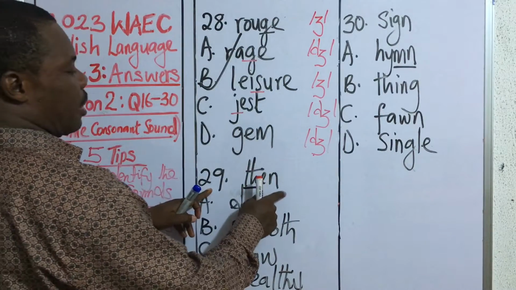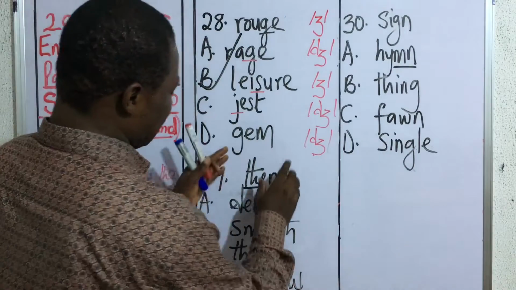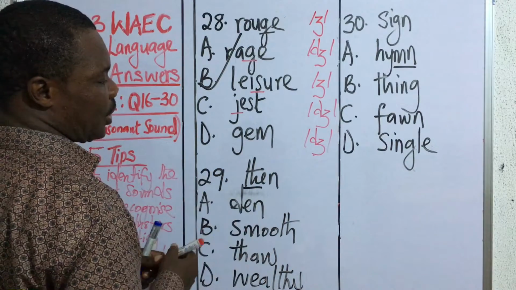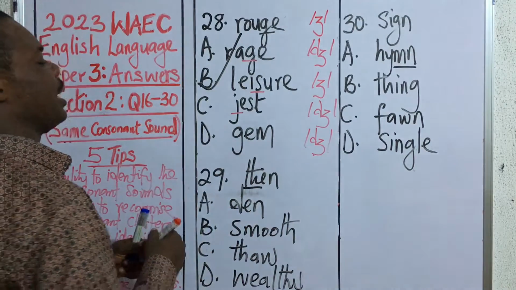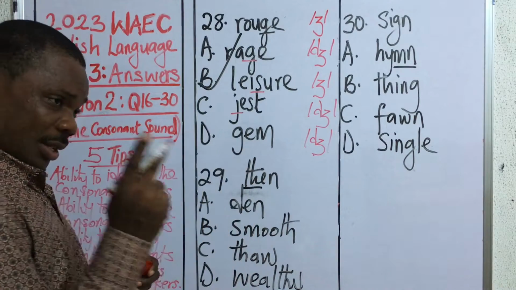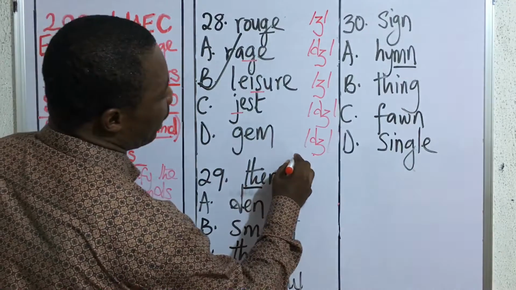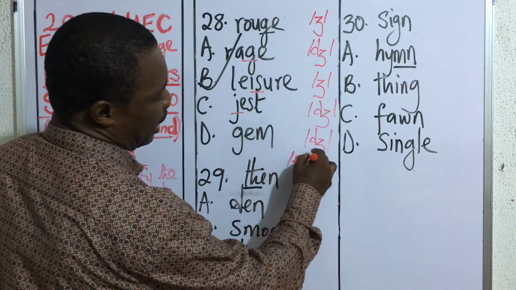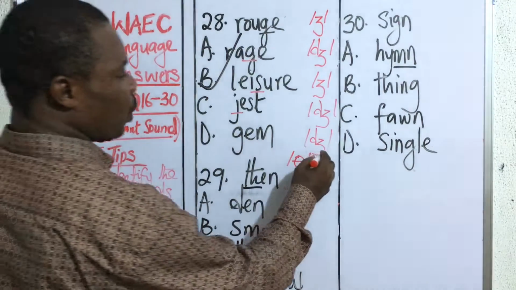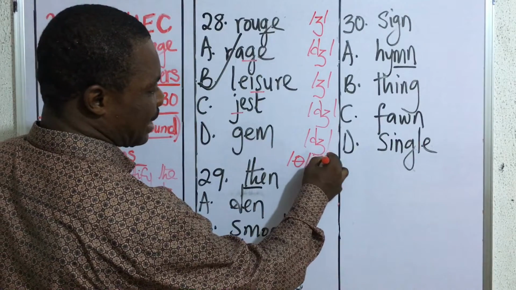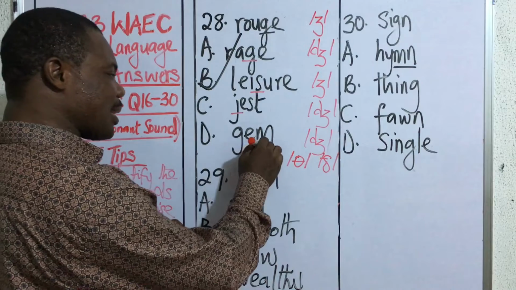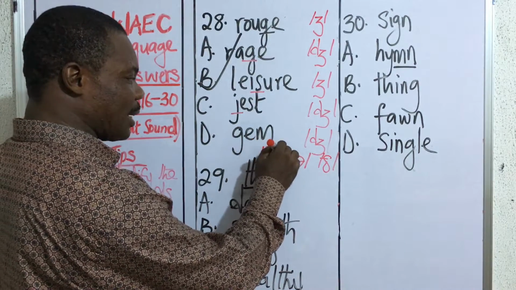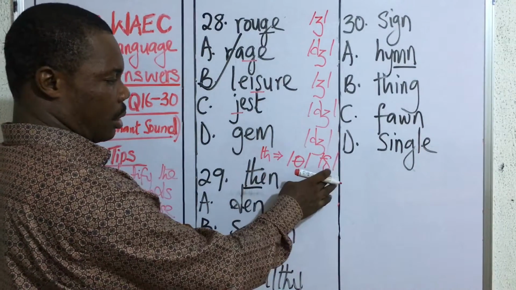Question 29, vein. So now this is a test of what? TH letters. In oral English, all TH letters are pronounced in two ways. Either you pronounce TH letters as theta or you pronounce TH letters as delta. In oral English, it is only the TH letters that can give the sound th or the.